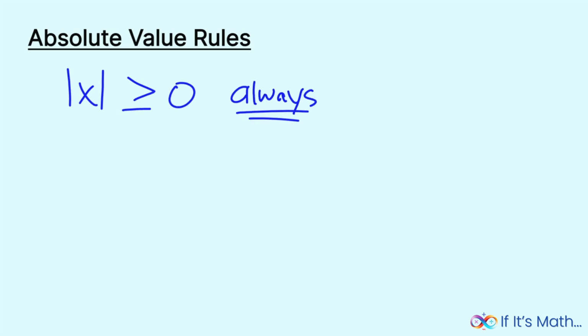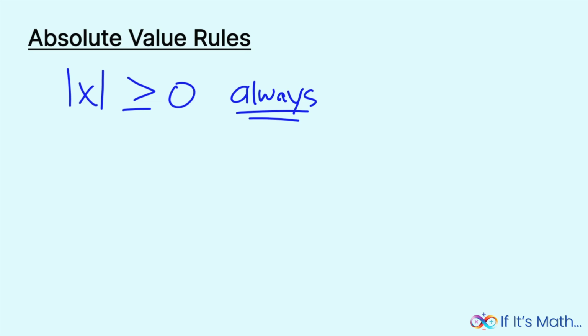Then you get some rules when you think about what this really represents. It tells you that the absolute value of x is greater than or equal to 0 always. There is no scenario in which the absolute value of x is negative. The absolute value of 0 is 0, so it could be 0, but the absolute value of x is always going to be greater than or equal to 0.